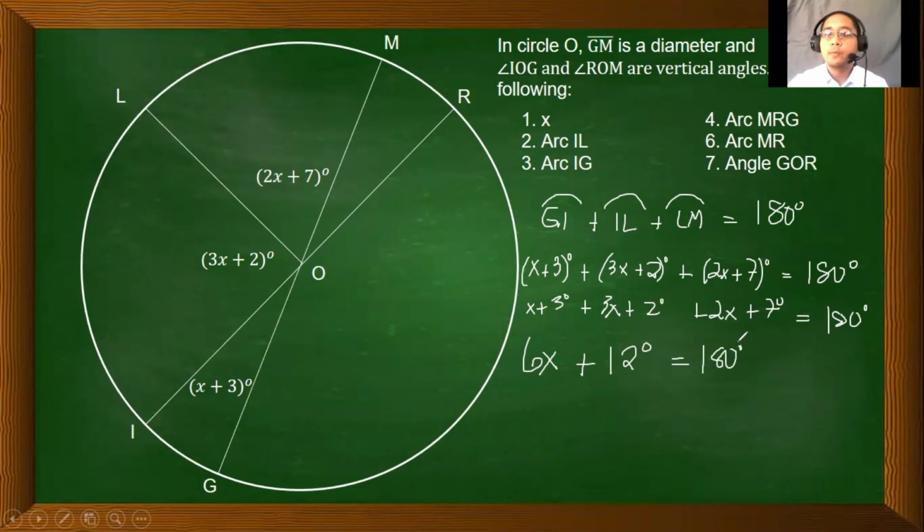Then all we need to do is operate. Now we have 6x plus 12 is equivalent to 180. Subtract 12 degrees from both sides. Then we have 6x is equivalent to, if you subtract that, the result is 168.